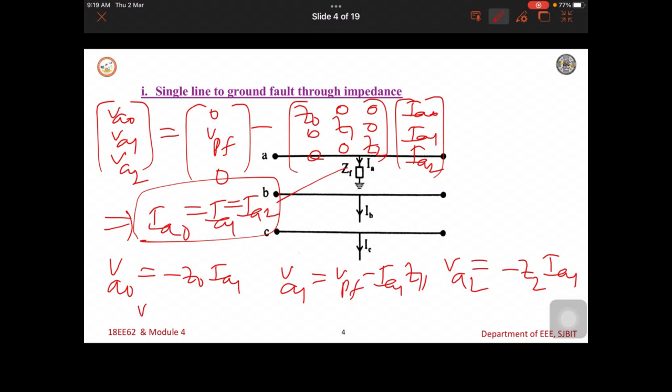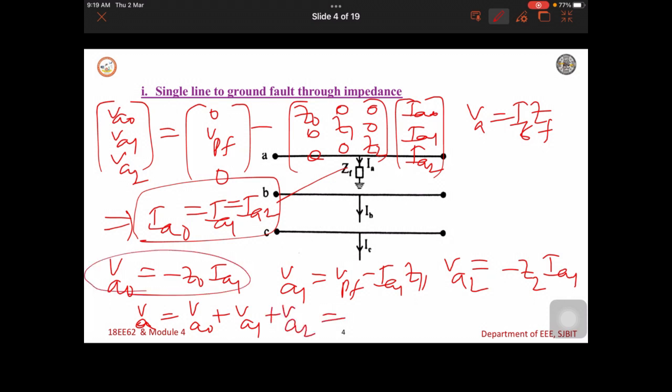When we add these, because it is required to find VA is equal to IF into ZF, VA is nothing but the phase voltage. It is the sum of the symmetrical component voltages VA0, VA1, VA2. Here we have the expressions for VA0, VA1 and VA2. Substitute here, and after simplifying you will get the expression for IA1.